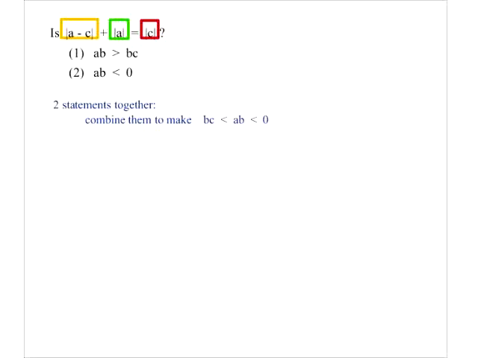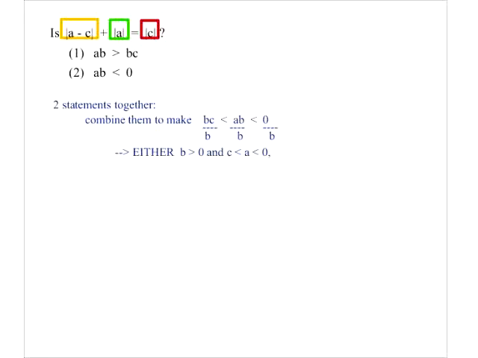So we can divide all of this by B. We still have to worry about the same sign issues that we had before. So this means one of two things. This means either B is positive, and then we leave those signs the same. So C less than A less than 0. Or we flip.